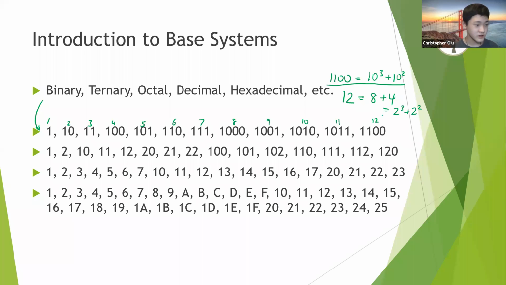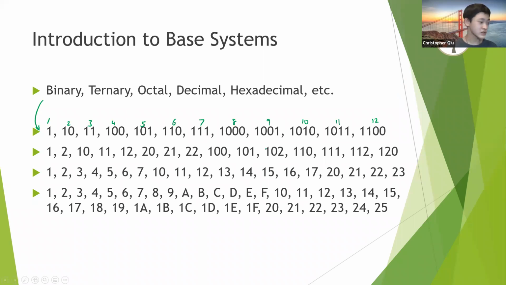So you see the similarity in these two expressions. And so for 12, the way we write 12 in binary is 1100, because we have 2 cubed and 2 squared. So this is how we count in binary.